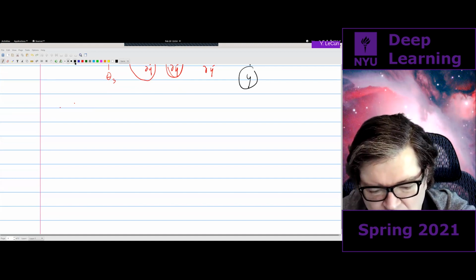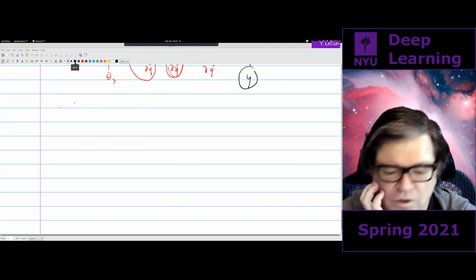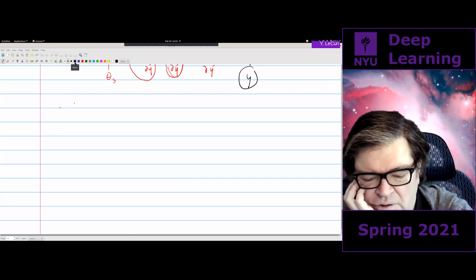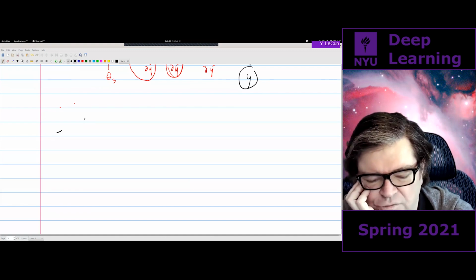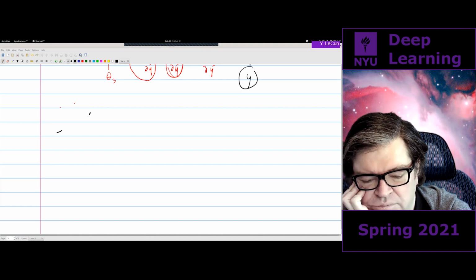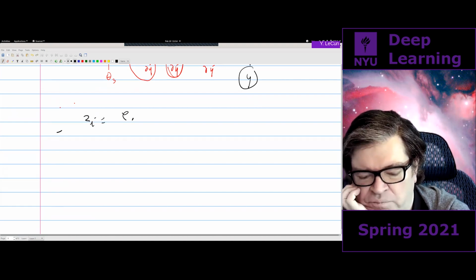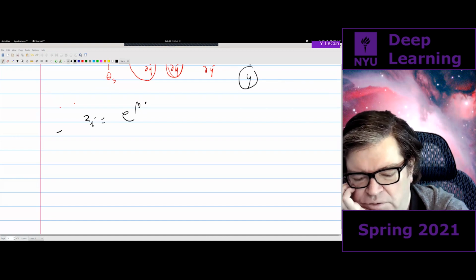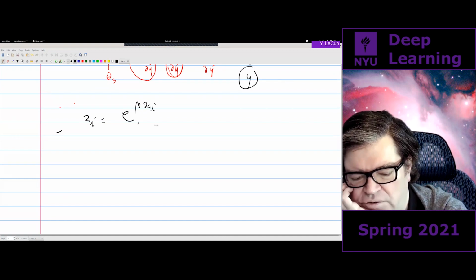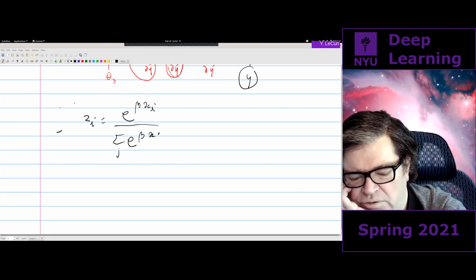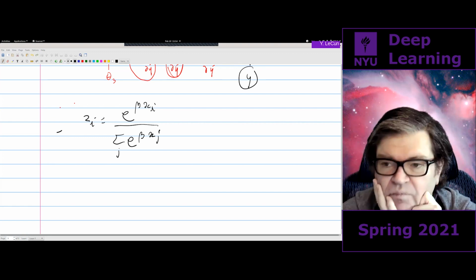Interesting exercise, which I think will help you understand a lot of things. Let's say we have a softmax module, okay? So Zi equals e to the beta xi divided by the sum over j of e to the beta xj, okay?